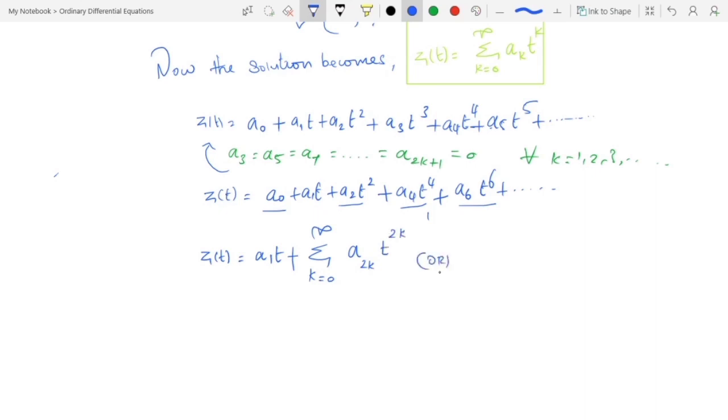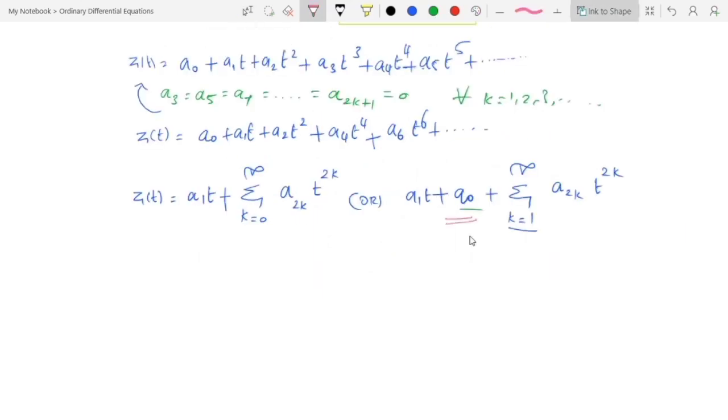Or you can write it as a1 t plus a0 plus summation k varies from, note the point, 1 to infinity a suffix 2k t power 2k, in which I keep a0 separately and group terms from a2, a4, a6 and so on. I am writing a0 separately because for a2k, k varied from 1, 2, 3 and so on in the previous case.